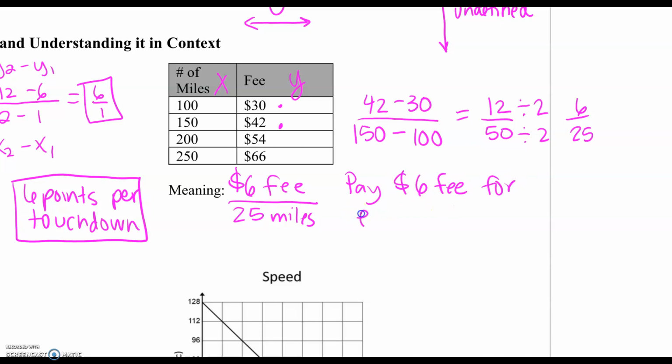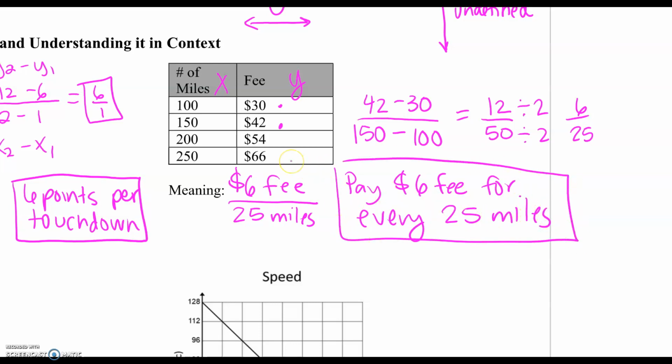For every 25 miles. I could have said that 6 points for every touchdown, and that would have been another good way to say it too. So we add in this word for every, and that kind of turns it from math into English, so that we can understand it and make sure that we can make sense of what's happening.